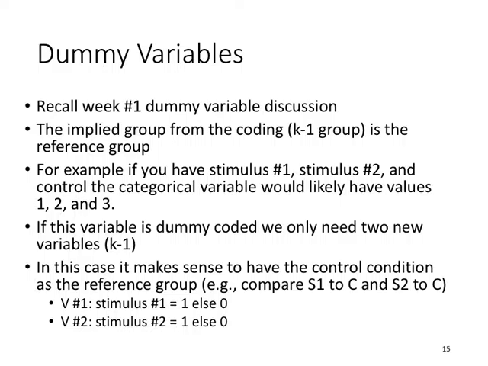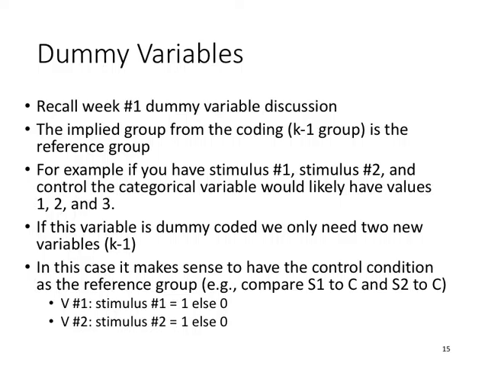In this case, it might make sense, for me anyway, in this scenario, for the reference group, or the implied group, to be the control group. So I want to compare stimulus number 1 with the control, and I want to compare stimulus number 2 with the control group.